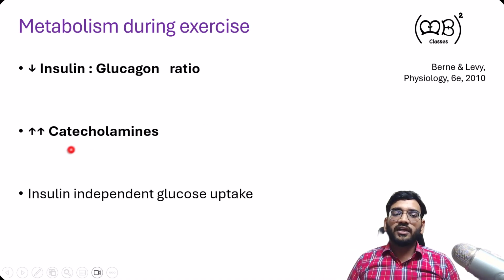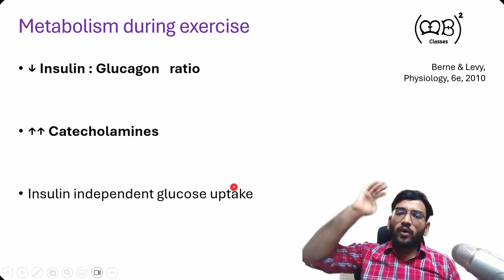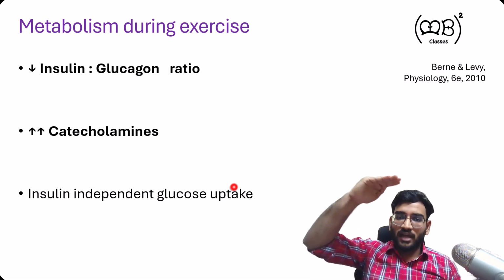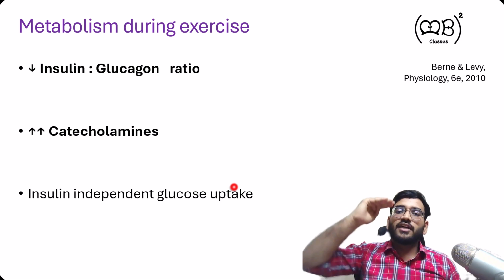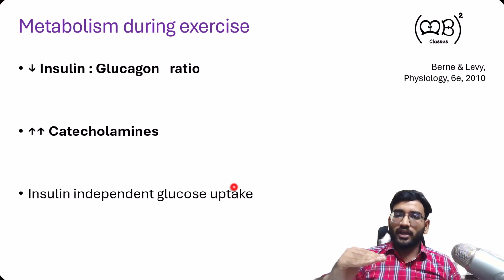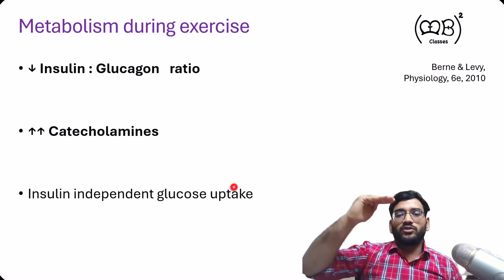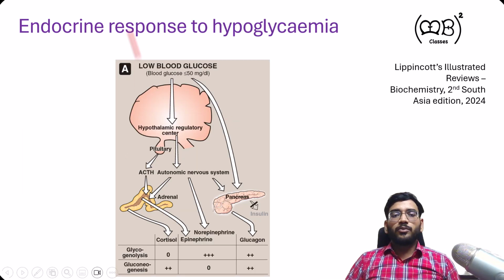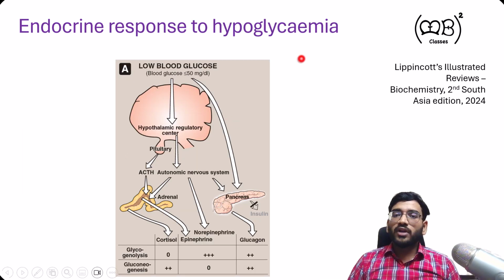And the most important thing is insulin-independent glucose uptake, which is very high. So during the fed state, insulin-dependent glucose uptake is high. During the fasting state, insulin-independent glucose uptake is low. And during exercise, insulin-independent glucose uptake is high. Understood?